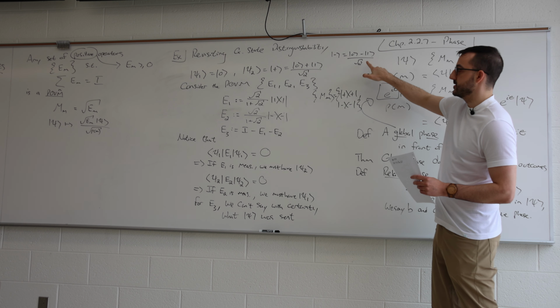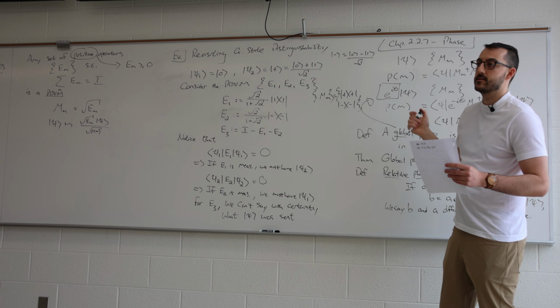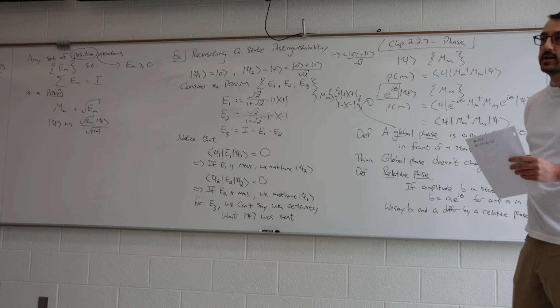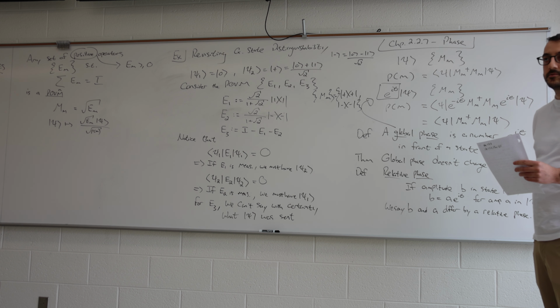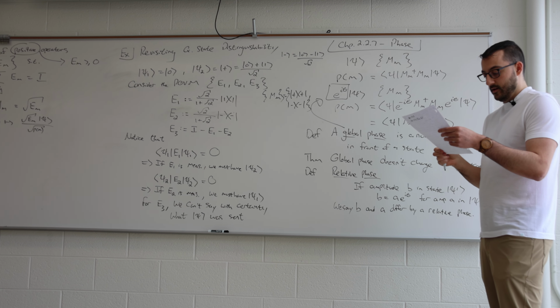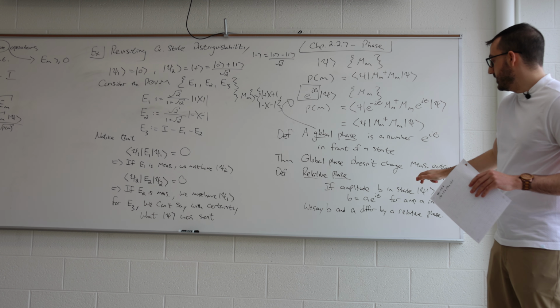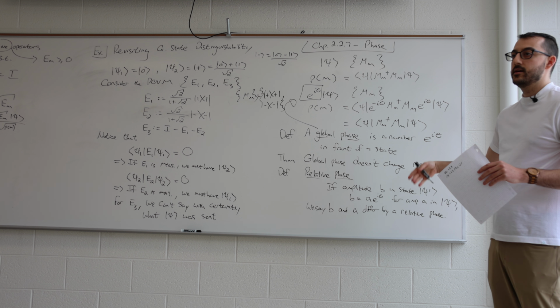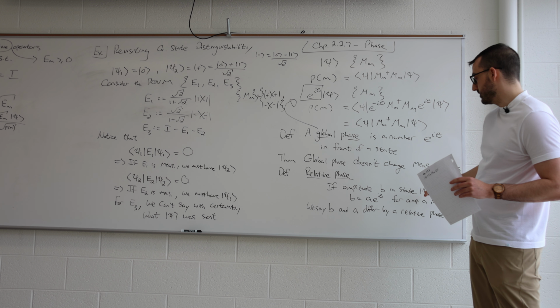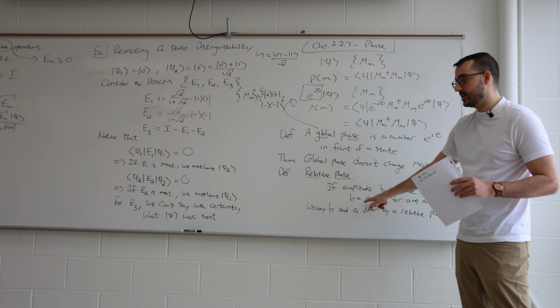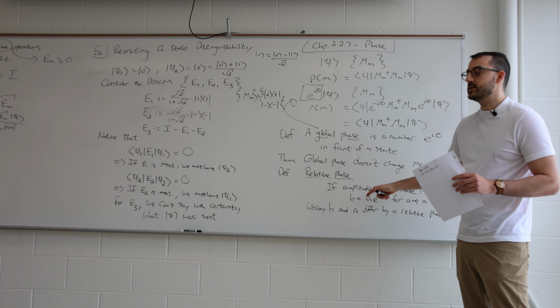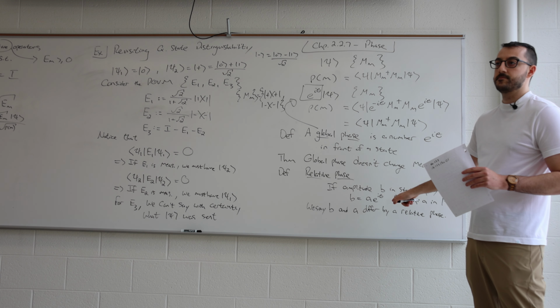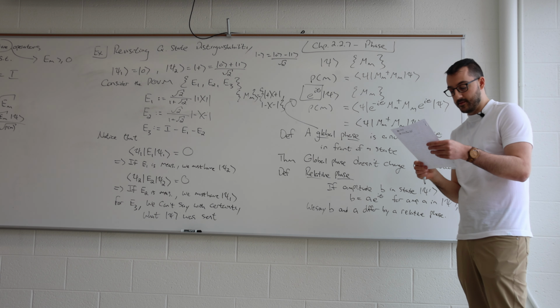And the reason that happens is because of the relative phase. So that's why relative phase can change measurement outcomes, but global phase never will. The last thing to note is that relative phase is a basis-dependent property, as you might imagine. When we're expressing quantum states, we have to choose a basis, and that dictates what our amplitudes are. If we change that basis, then this could change. So relative phase is a basis-dependent property.